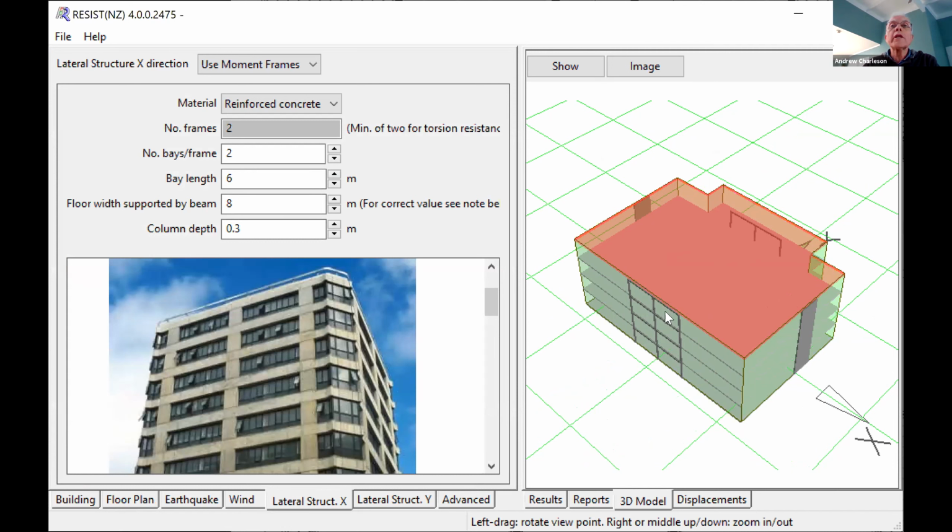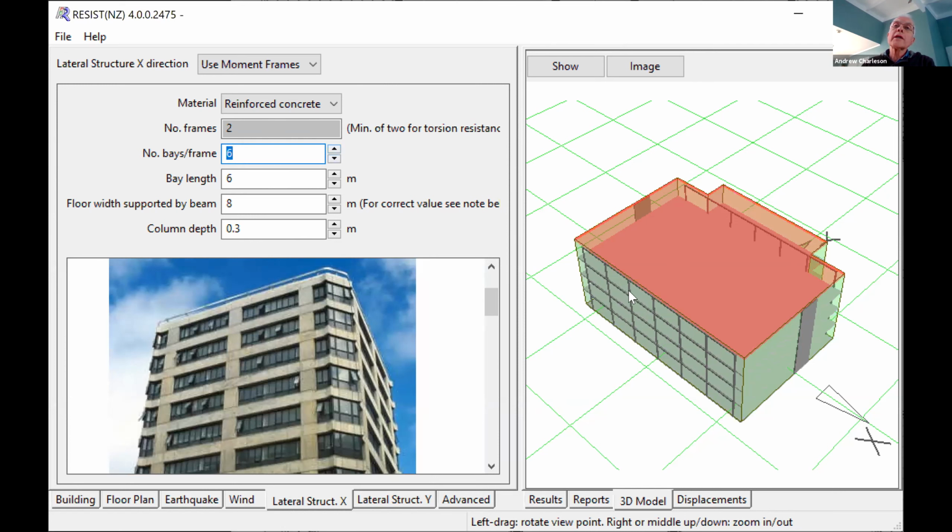Now I want to increase the number of bays. I'm going to have 6 bays. The number of bays per frame at the moment is 2. See, they're just 2 bays. If I click on this arrow, it's 3, 4, 5, 6.